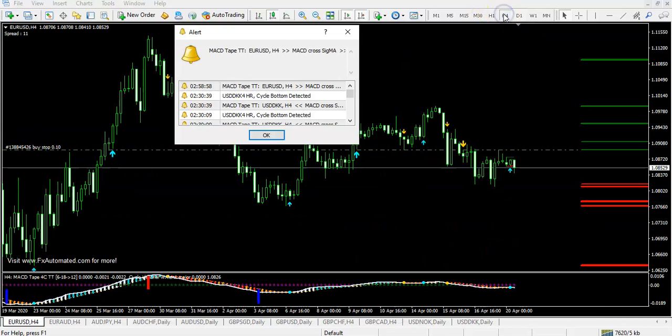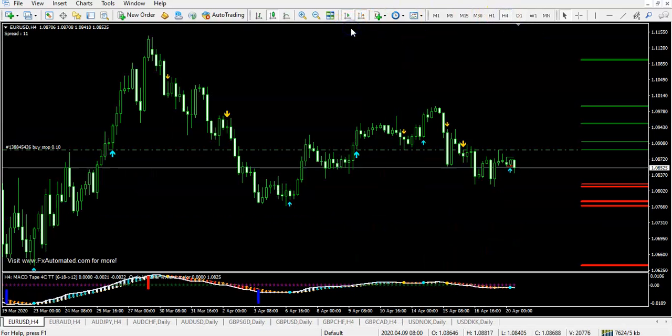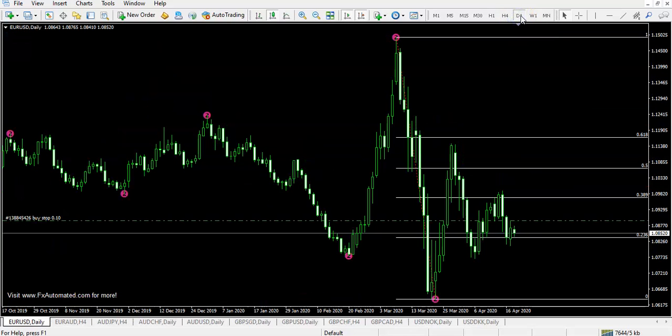I map it up with the 4 hour, using these other indicators right here. I'm going to make videos where I explain how to use this system with these indicators. Most of these indicators, if not all of them, are free online. You just have to know how to set them up.